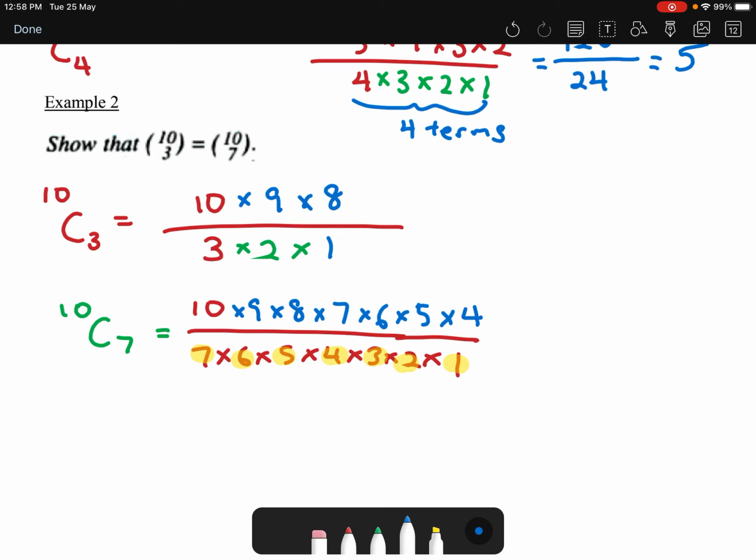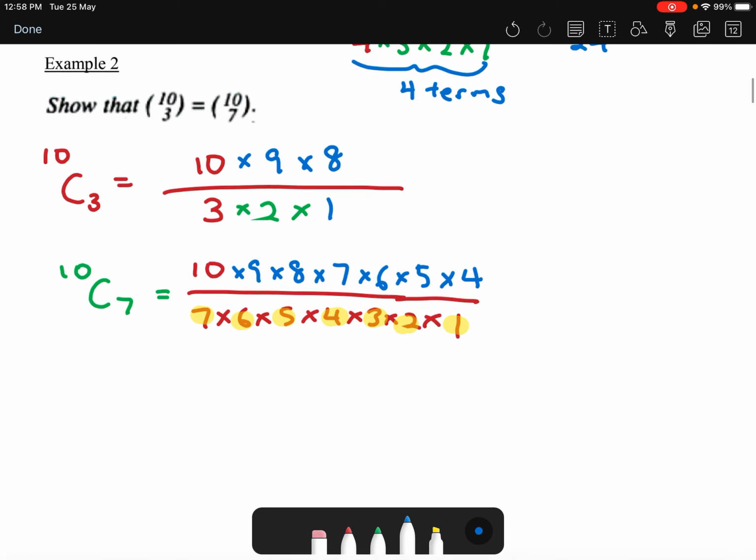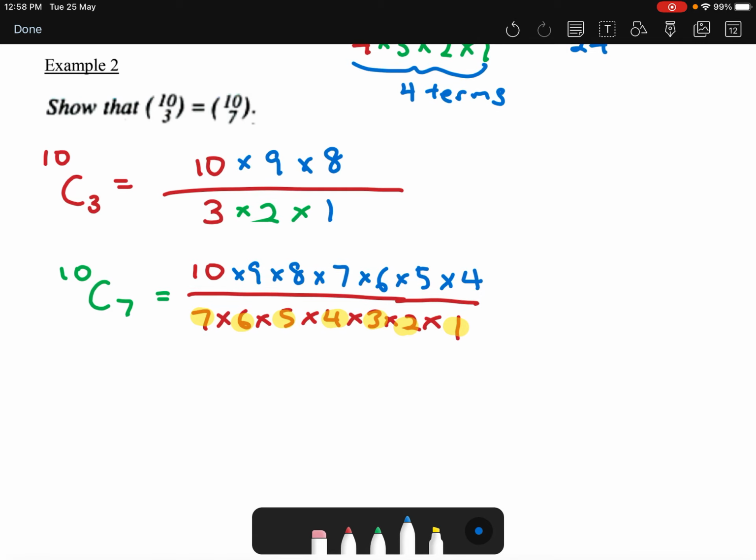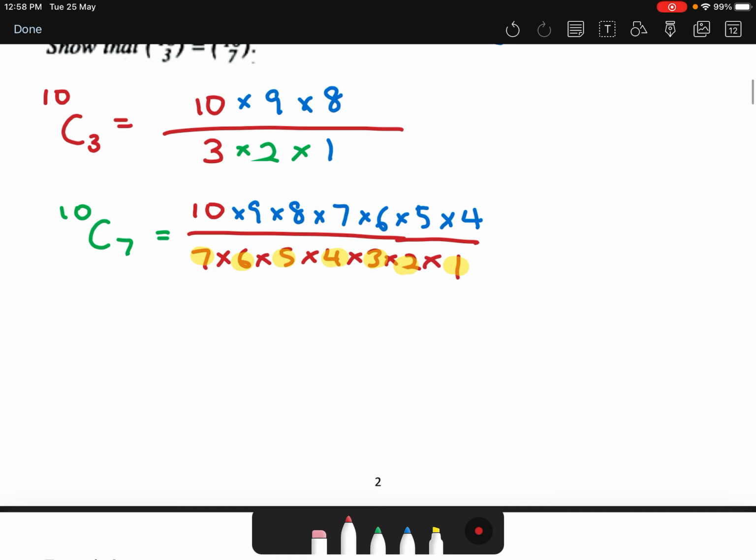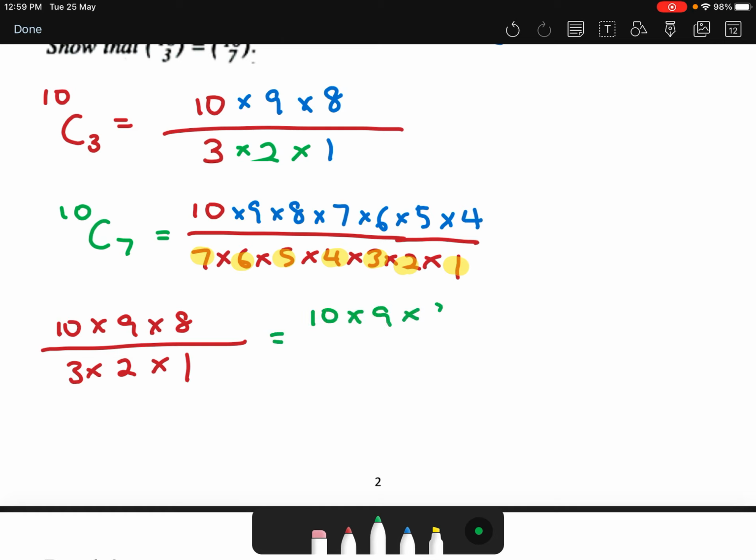So how do I show that they are equal? You just equate them. Maybe I just cancel the 10 choose 7 one. Looking at 10 choose 7, the 7 can cancel, 6 can also cancel, 5 can also cancel, and 4 can also cancel.